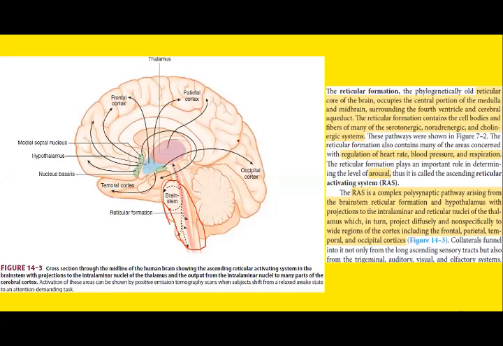Moreover, the structures within the fourth ventricle and the cerebral aqueduct are also included. Besides the primary role of the reticular formation in wakefulness or arousal, there are other functions of this reticular activating system like regulation of heart rate, regulation of arterial pressure, and regulation of respiration.